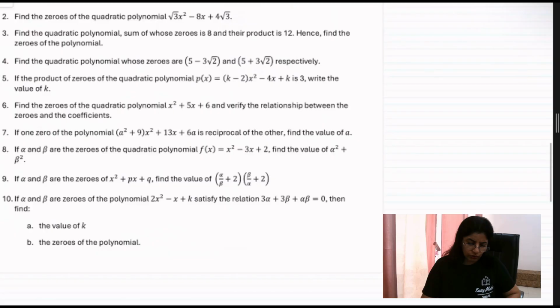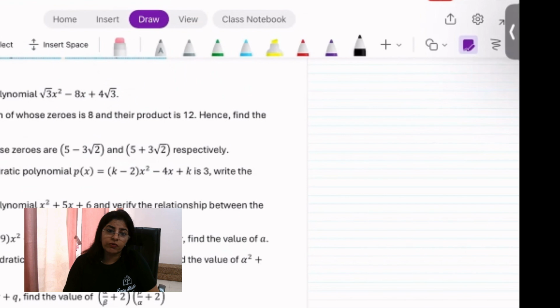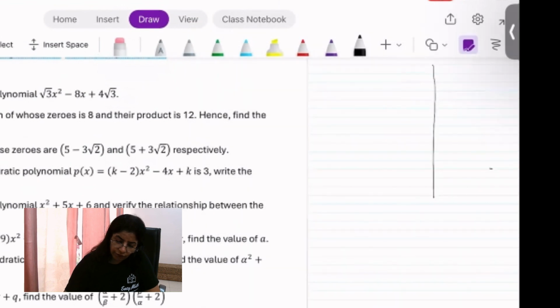Now let's solve question number 2 side by side. The first question says find the zeros of the quadratic polynomial. So here I'm going to give you the trick where the questions are involving root, how to solve them.